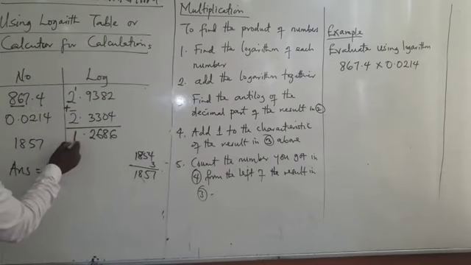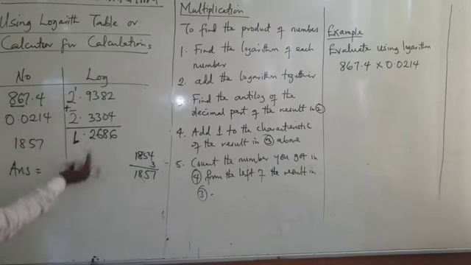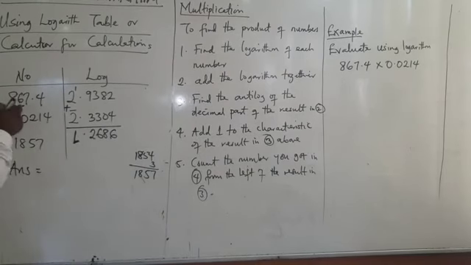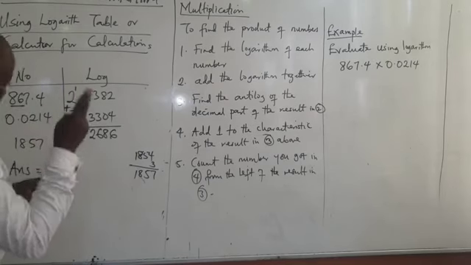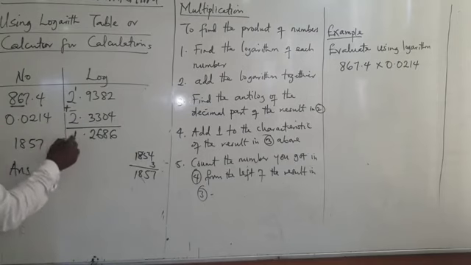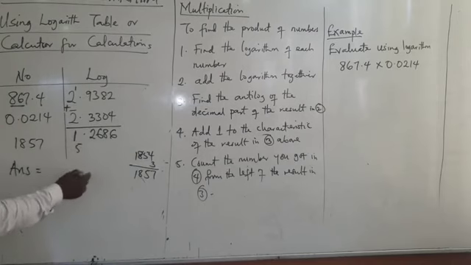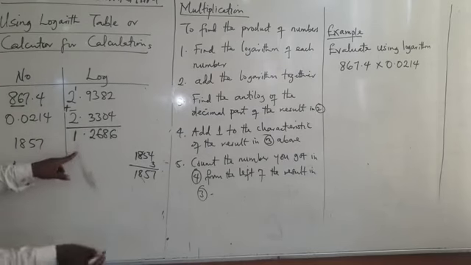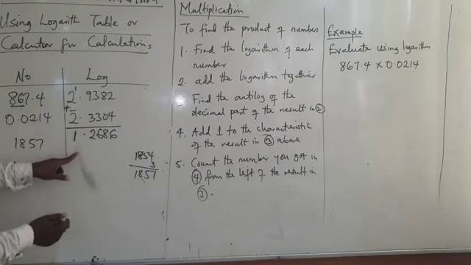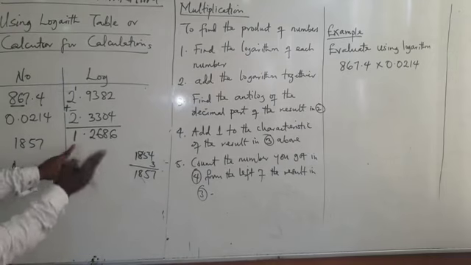The characteristic part here is what? 1. We subtracted 1 from it to get these 2, so here we add 1 to it. It will become what? 2. If what you have there is 5, add 1 to it, it becomes 6. But what we have there is 1. We add 1 to it. So that gives 2.